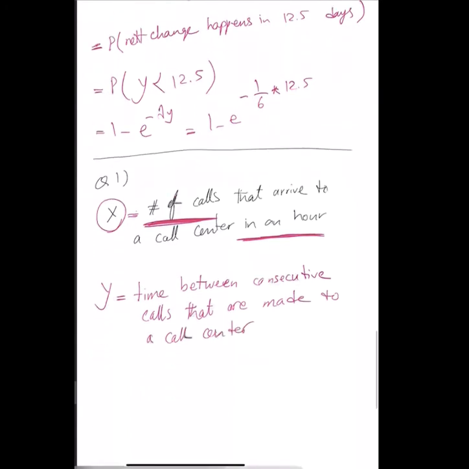Okay, so this would be the corresponding exponential. This x will be the corresponding Poisson random variable.